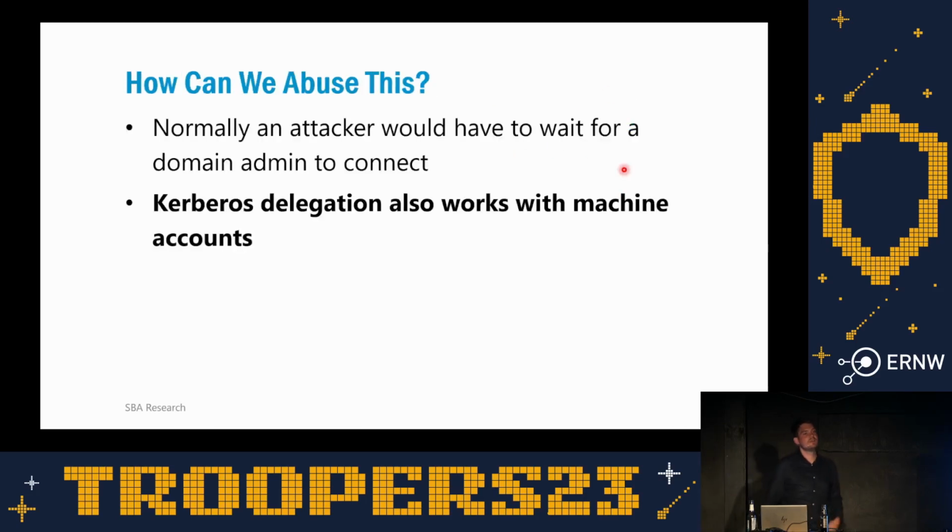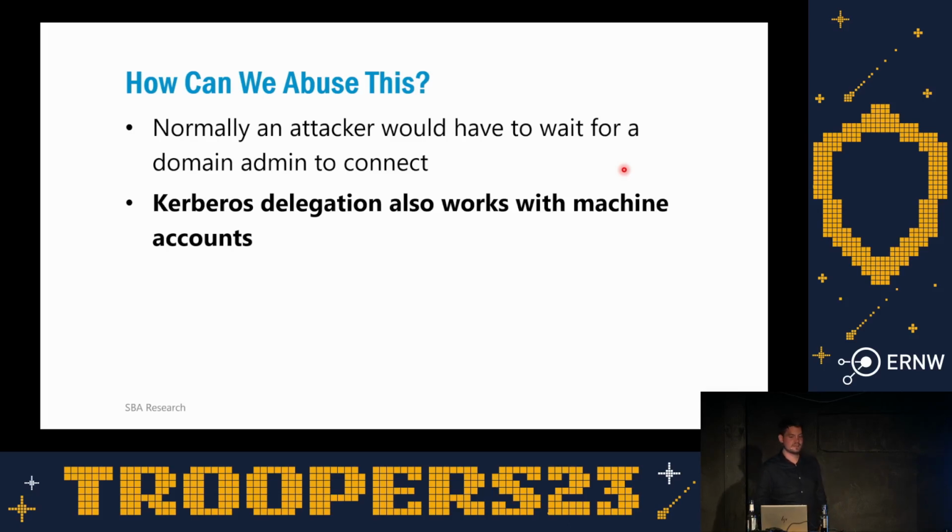Yeah, so normally this is a little bit complicated, especially in a penetration test. If you don't have time, you would have to wait for an admin to connect there. You can write in the report unconstrained delegation is enabled, but yeah, it's not as much fun as if you can demonstrate that you can become domain admin.